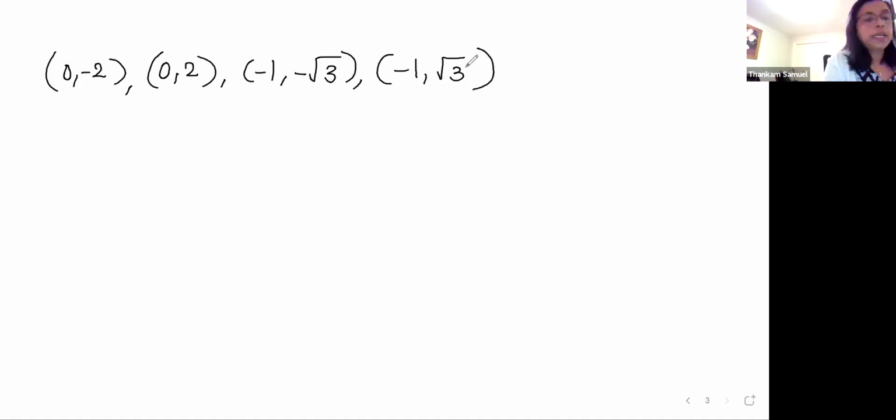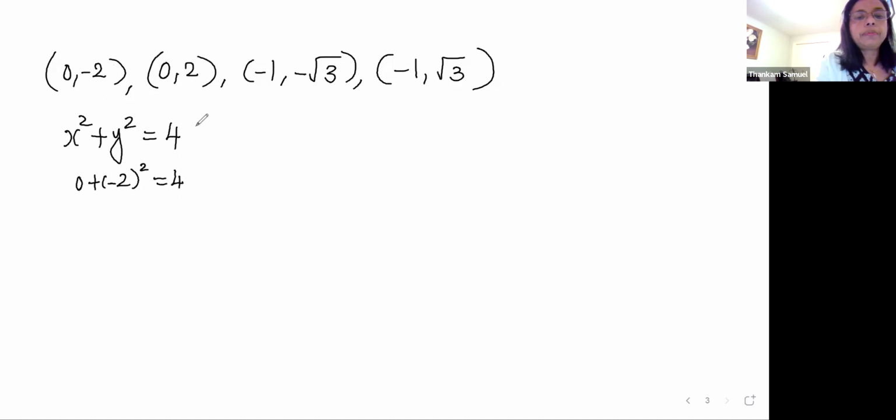So consider the second equation, that is x squared plus y squared equals 4. Substitute each of these values here. When we substitute the first value, we can see that 0 plus (-2) squared is 4. And for the next value, (0, 2), we have 0 plus 2 squared, that is also 4.